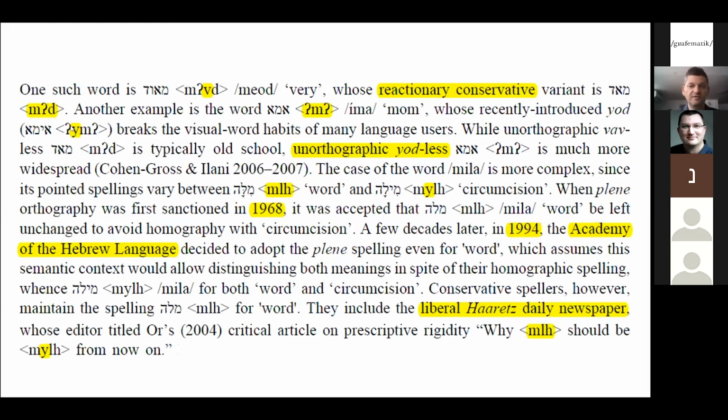So they keep vowelless words like me'od, very much, and a yodless ima, which otherwise would take it in the new orthography. Take the whole debate of the word milah, a word which some people still spell without the yod, including the liberal, elitist Haaretz daily newspaper, which has maintained milah without the yod for a long time, since 1994.